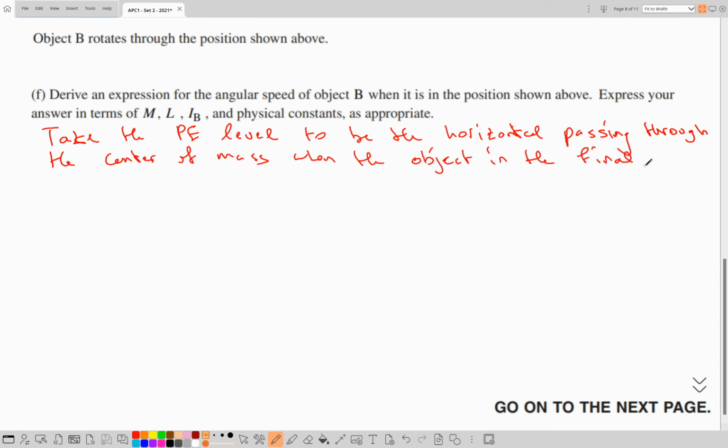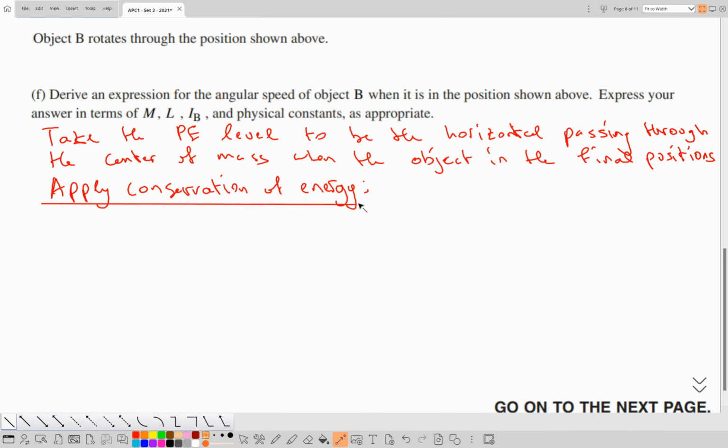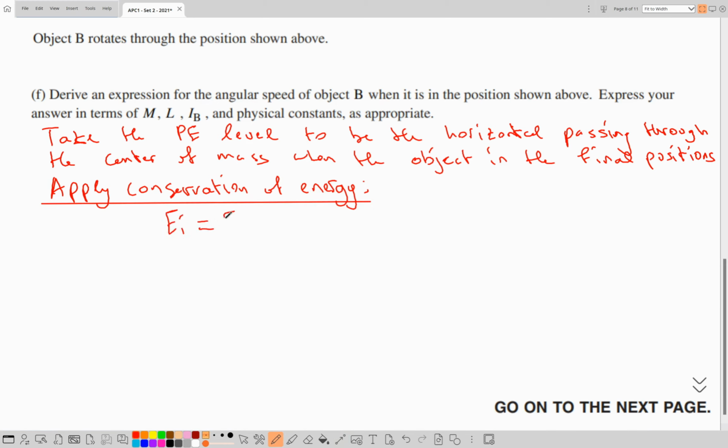Always try to start your exercise with the steps that can be easily set. And because this is a big law, let me start by stating: apply conservation of energy. Then in this case, energy initial is equal to energy final.